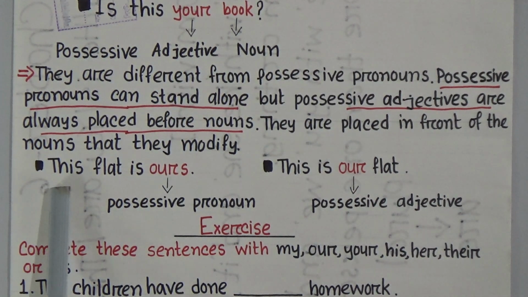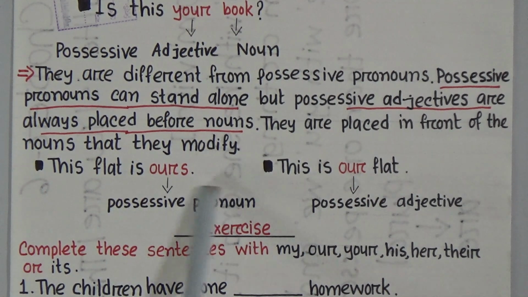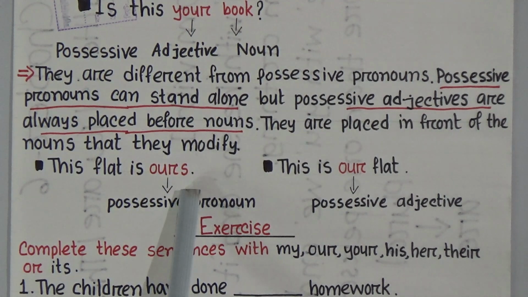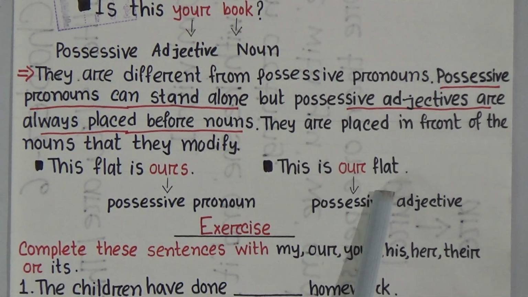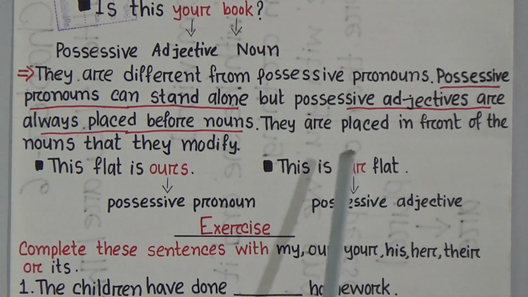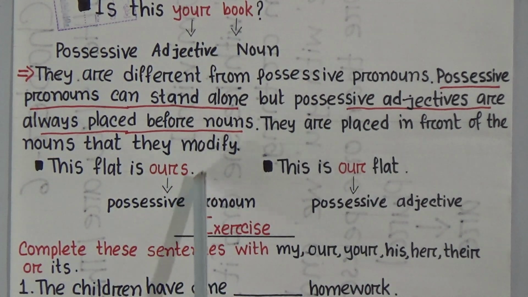Look at the first example, this flat is ours. In this word ours, is it possessive pronoun or possessive adjective? And next example, this is our flat. Here we find our, and in the first example we find ours.